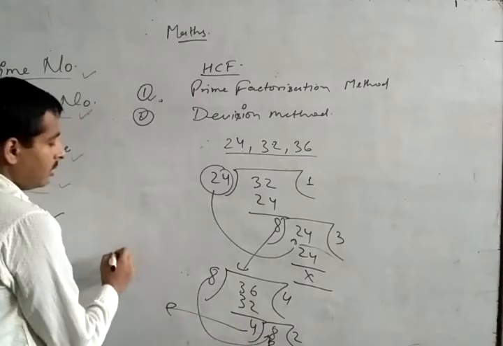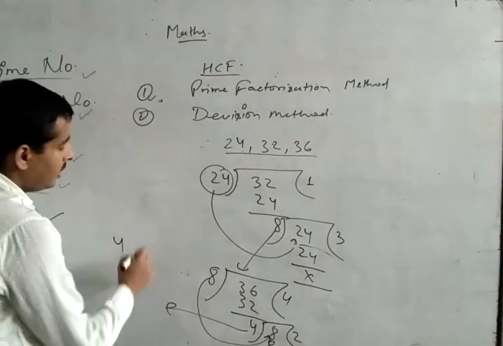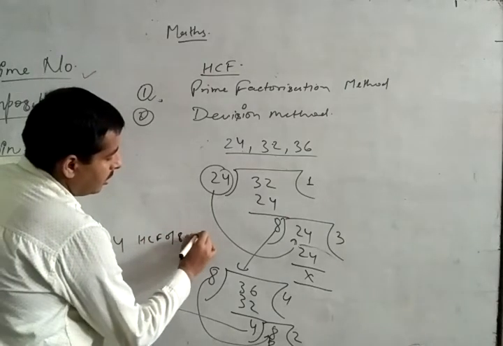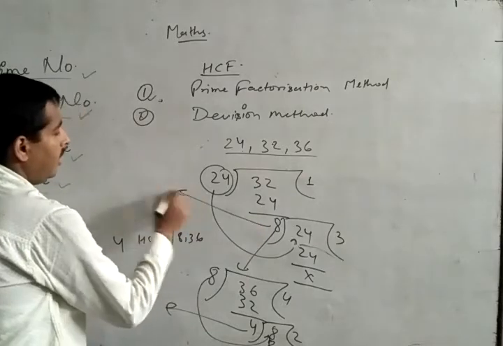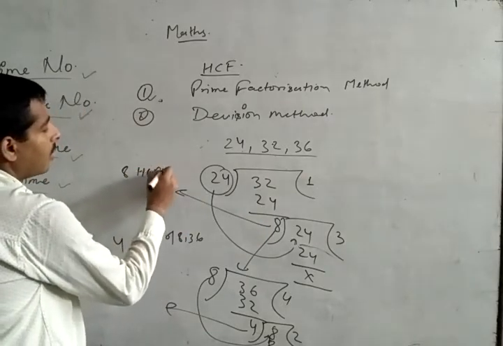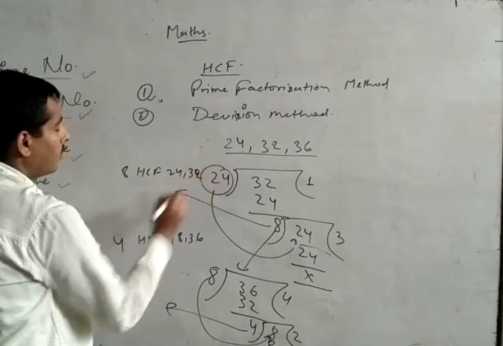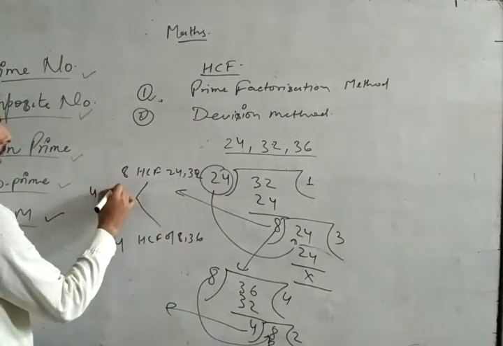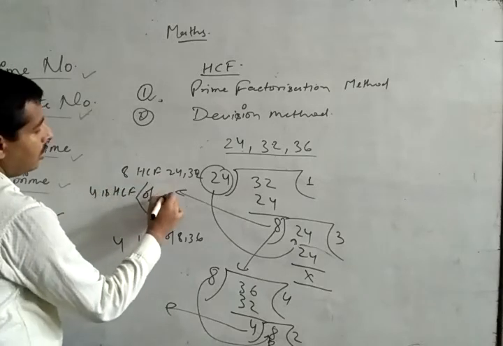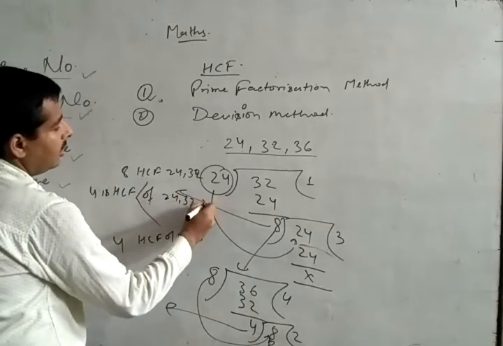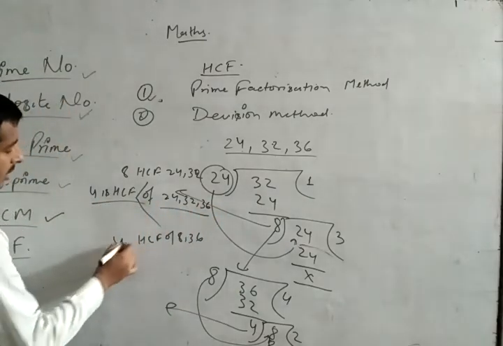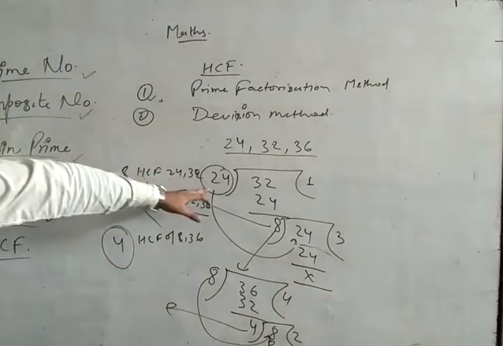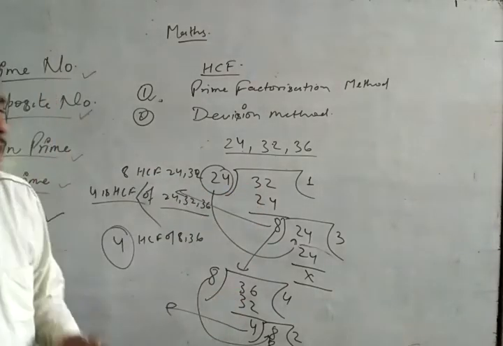Means this 4 is the HCF of 8 and 36. Here this 8 was the HCF of 24 and 32. Means overall this 4 is the HCF of 24, 32 and 36. Answer. What is the answer? This 4 is the answer for the HCF of 24, 32 and 36.